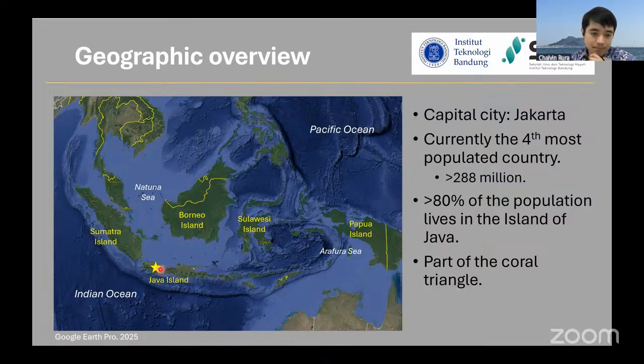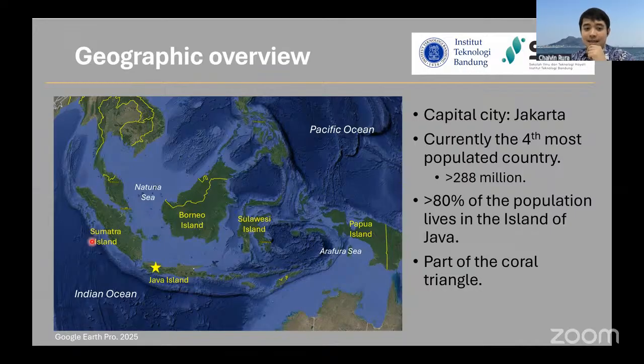This star is Bandung, where I live now. It's the fourth largest country in the world in terms of population, with more than 288 million people. But most of the population lives on Java Island, which I think is the most populated island.